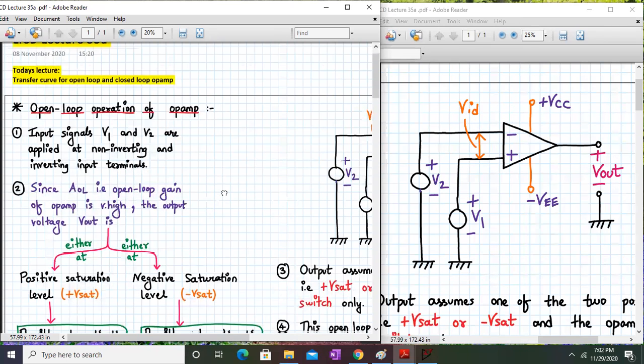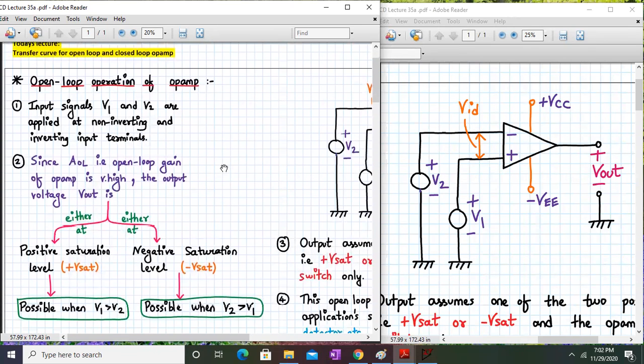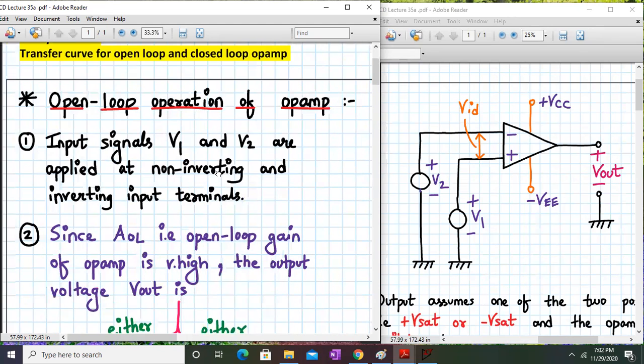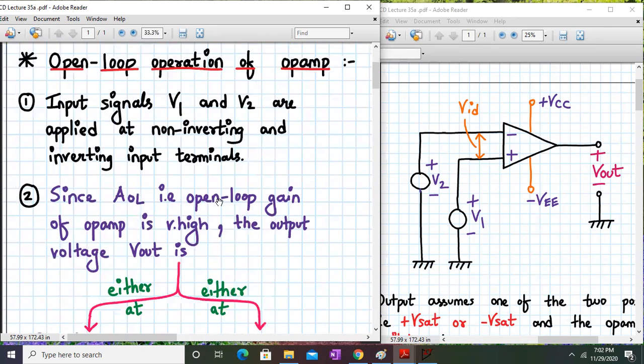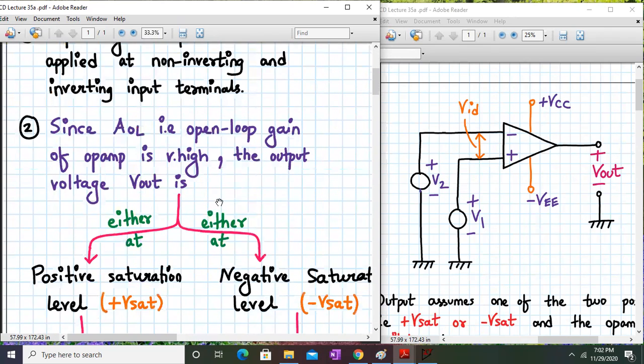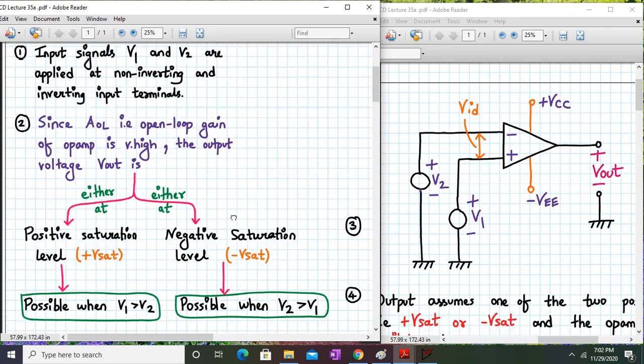Okay, so here is the description of the open loop operation of the op-amp. Here we have applied the input signals V1 and V2 to the respective non-inverting and inverting input terminals. Now, as we know from prior discussion, the open loop gain of op-amp is very high.